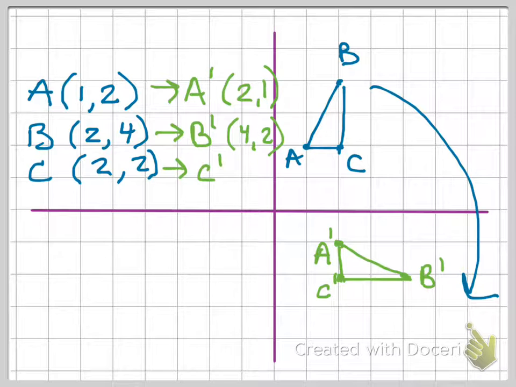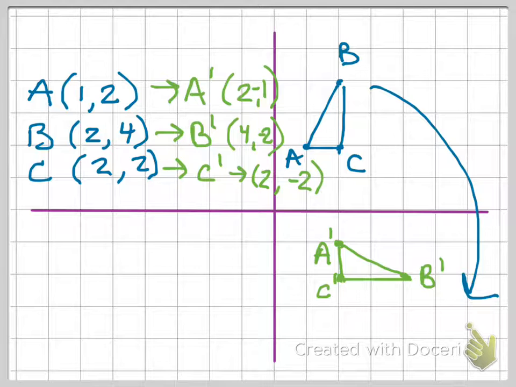And the new C is at 2, negative 2. Oh, you know what? I forgot my negatives. So A is at 2, negative 1, B is at 4, negative 2, and C is at 2, negative 2.